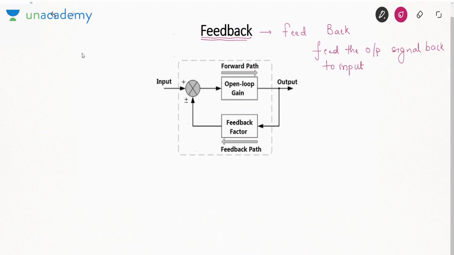Some portion of the output signal is being reapplied at the input, and that is called a feedback system. Now see here, we are taking the output, and then we are feeding it back to the input. This is basically your summing element.